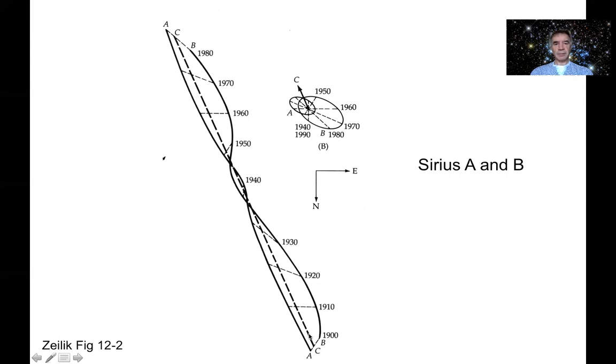I'm sure you are now familiar with this from workshop 2. The reason for this being played out across the sky like this is because Sirius also has proper motion. So the center of mass of the system is moving relative to the sun in this direction. That's indicated here on this inset.